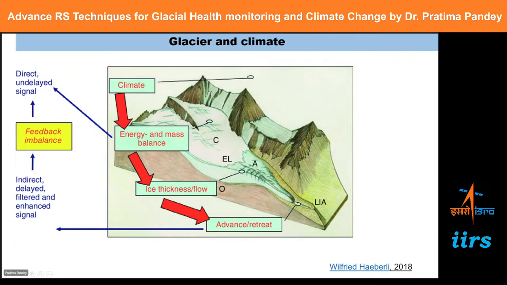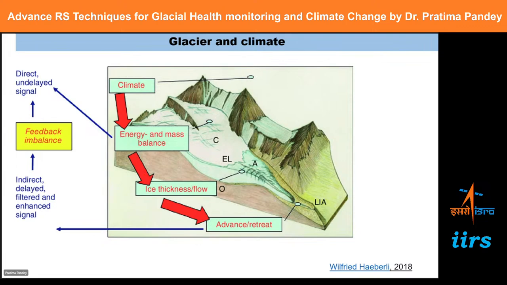So if we have a good environment for the glacier, that means we do not have very high temperature and we have very good snowfall, then over the years the glacier will advance. In reverse, if the climate is warm, precipitation will be less in snow and more in rain. So we'll have the accumulation zone smaller than the ablation zone, and the mass balance of the glacier will be negative.